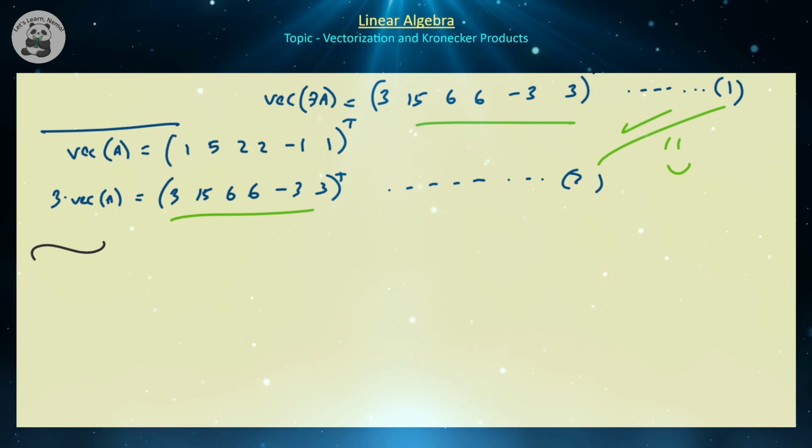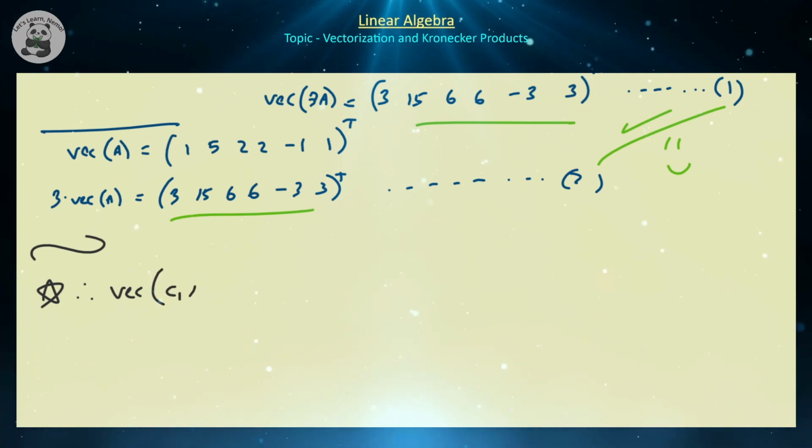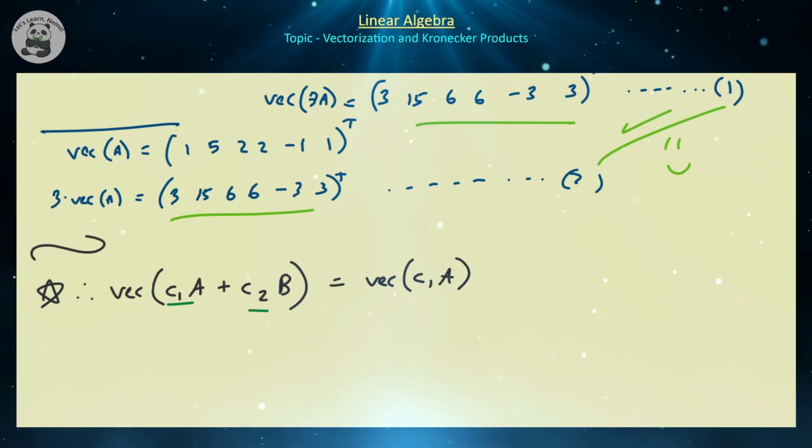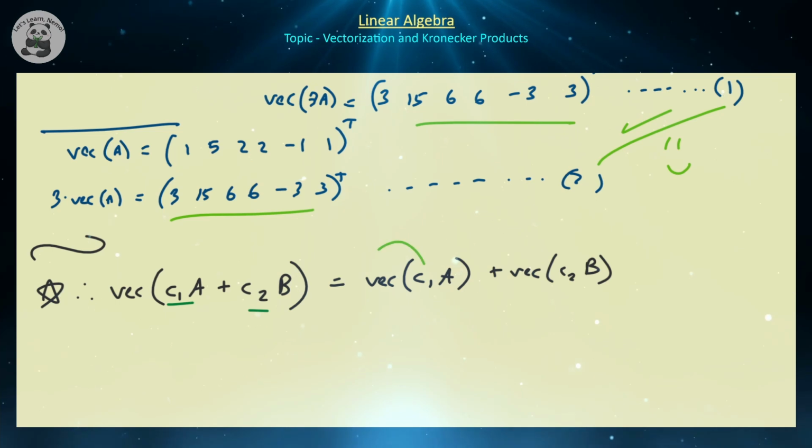So if we combine these two theorems together, what do we have? The vectorization of c1A plus c2B is going to be equal to what? Well, that's obviously a matrix, and that's obviously a matrix, so that's going to be equal to the vectorization of c1A plus the vectorization of c2B. And these are constants, so they can, in some sense, factor out.